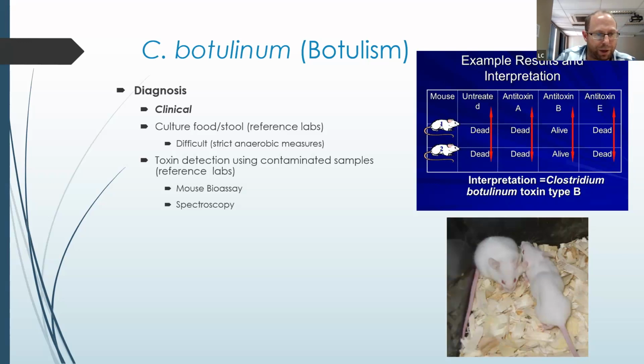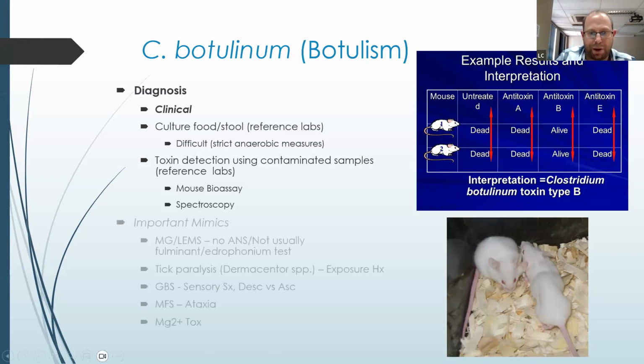Let me just turn on the laser pointer here. You can see the 2 little mice, the one on the left fat and happy, the one on the right essentially this is respiratory muscle embarrassment, and this can be the earliest sign of the presence of botulism toxin.